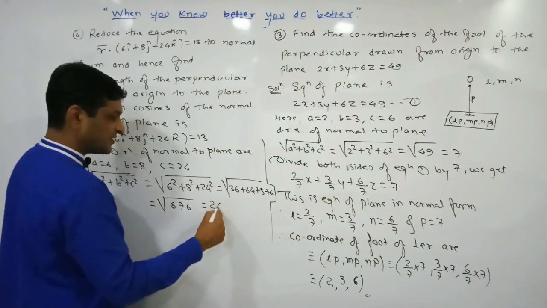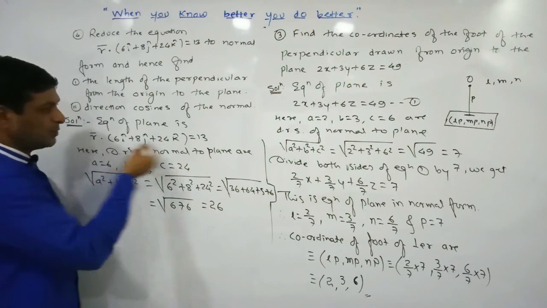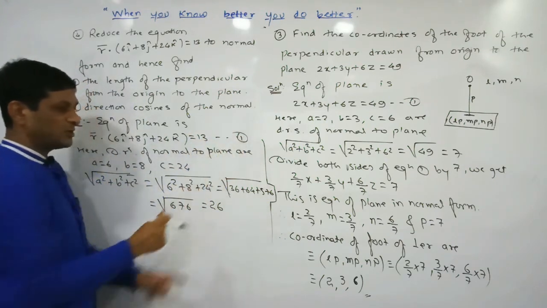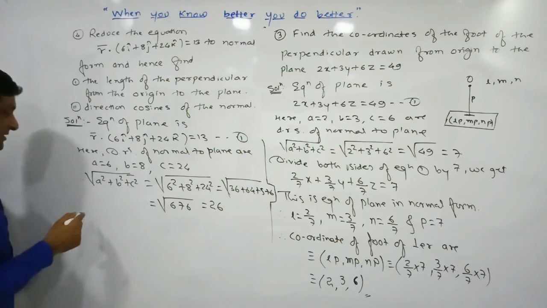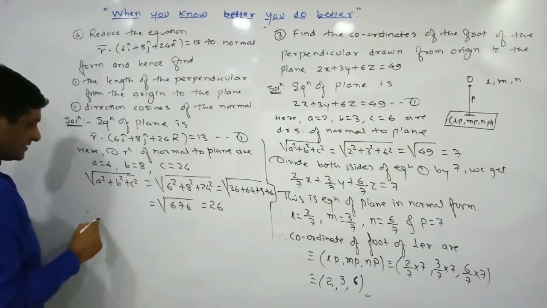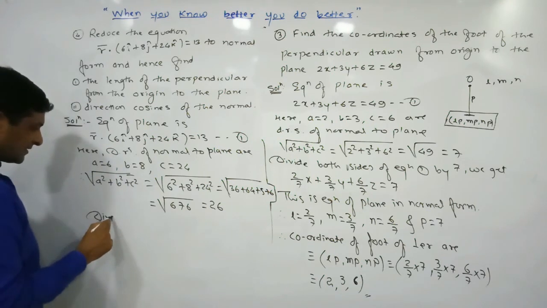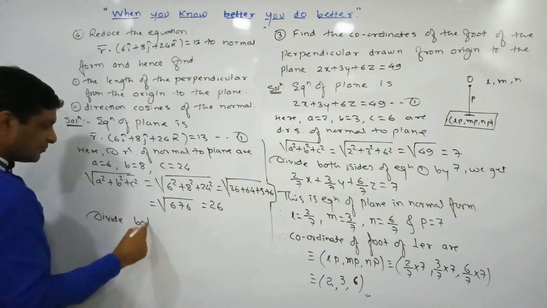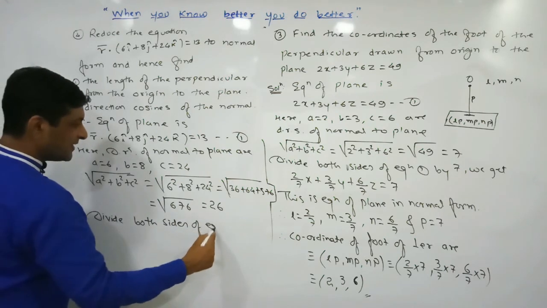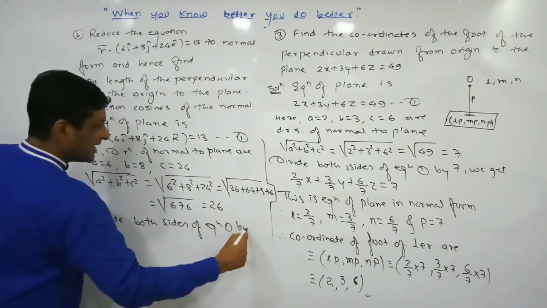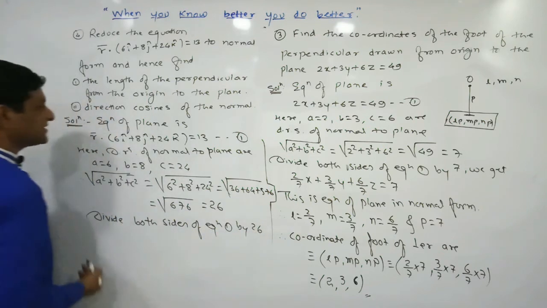We know that square root of 676 is equal to 26. So now we are dividing both sides of this equation by 26 to convert it into normal form. Let us see what we'll get.